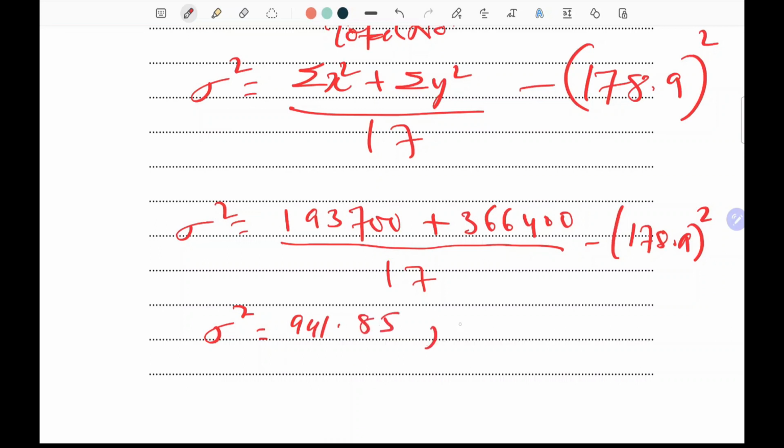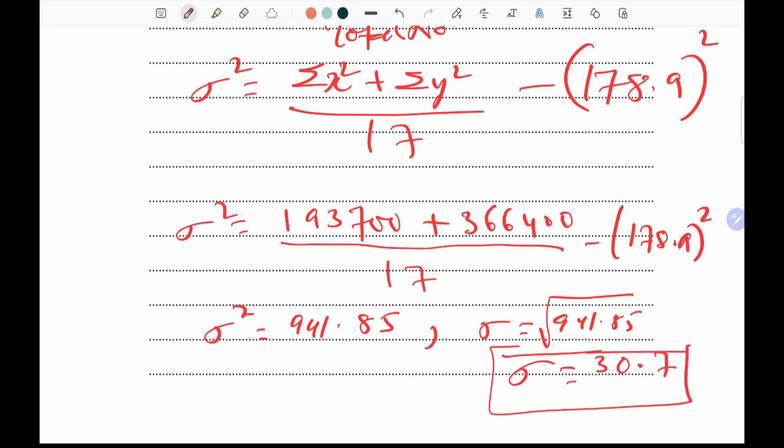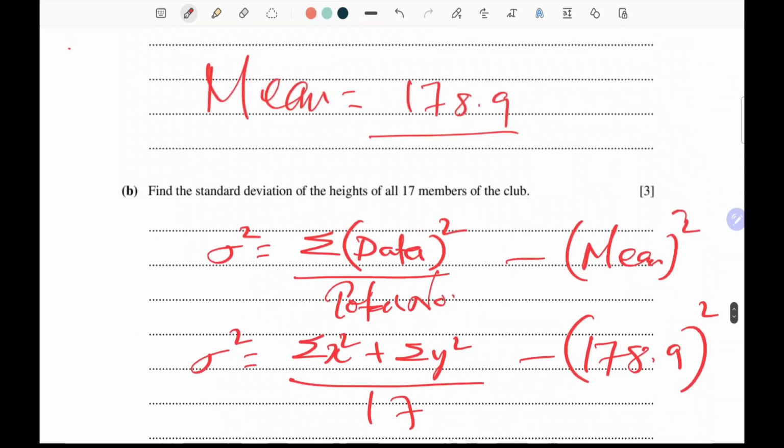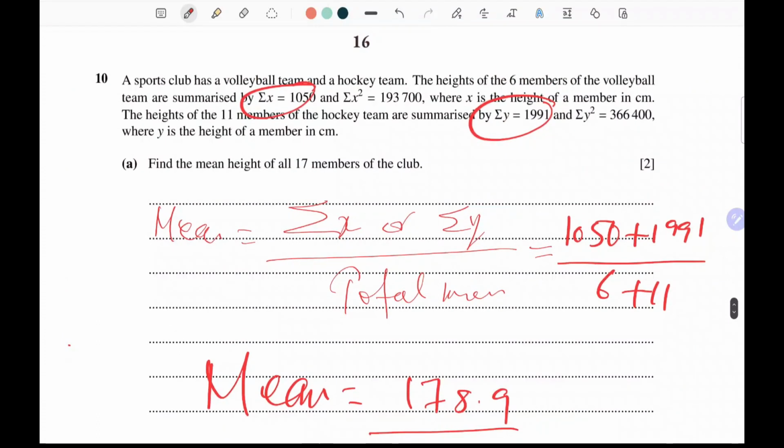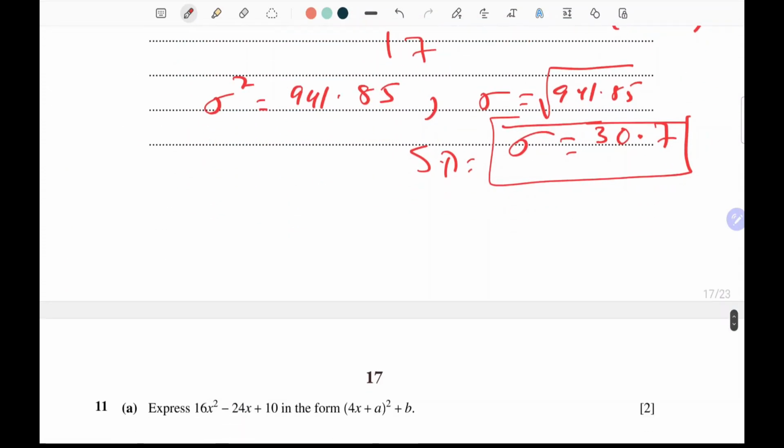This is my variance, but for the standard deviation we have to find sigma only. So guys, we need to find the root of 941.85, and I got 30.68. I can say 30.7. So this will be my standard deviation. Okay, yeah, we got the 10th one.